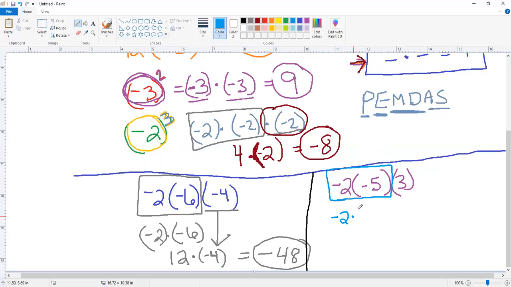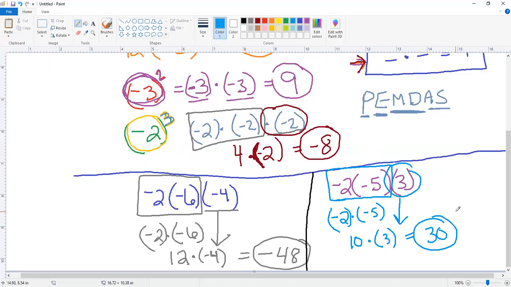A negative times a negative is a positive, and 2 times 5 is 10. Now we're going to bring down that multiply by 3. And 10 times 3, a positive times a positive is a positive. 10 times 3 is 30.